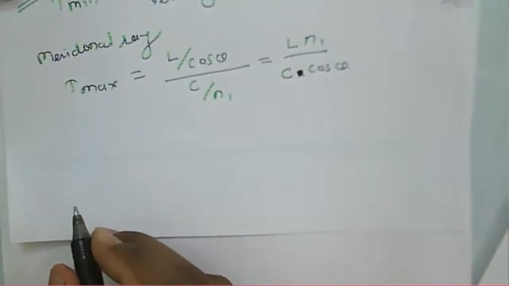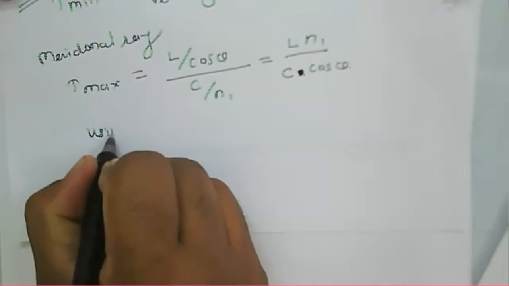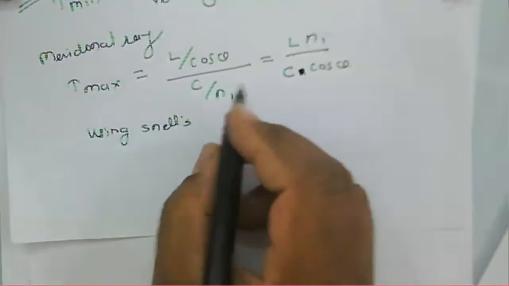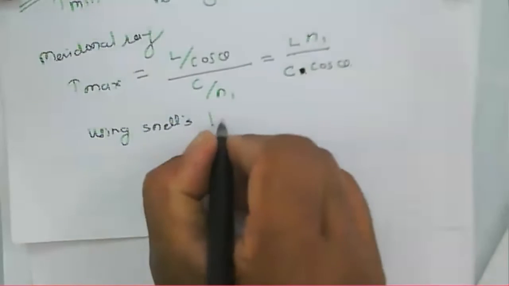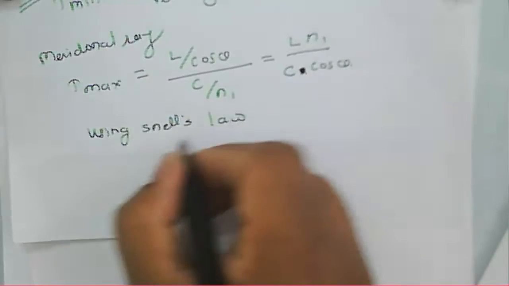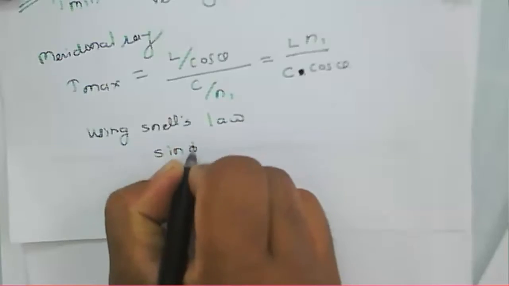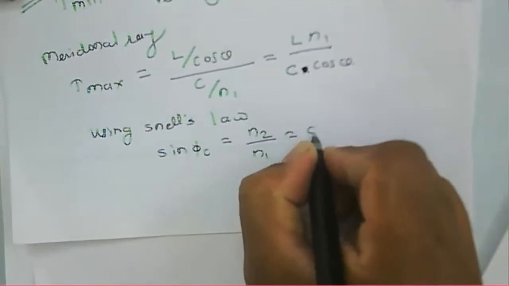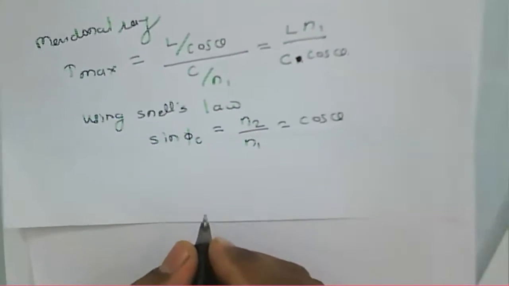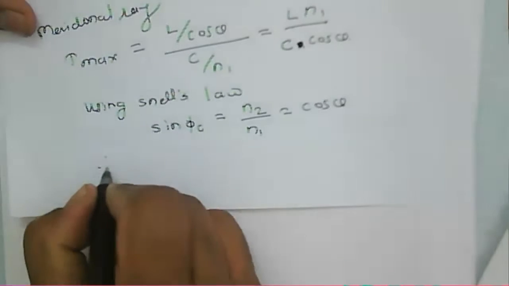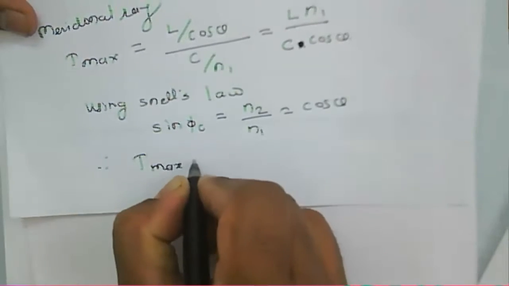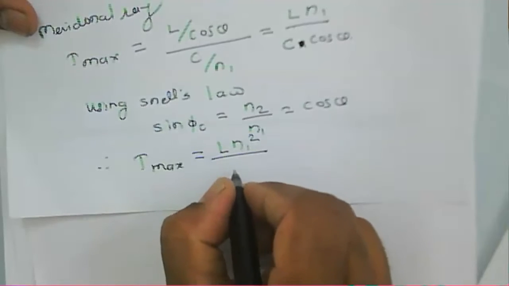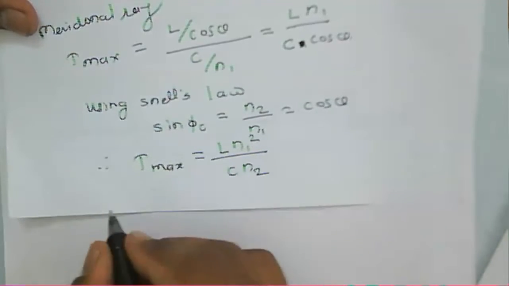Now using Snell's law, sine of phi c is equal to n2 by n1, which is equal to cos of theta. Then we can write the maximum delay time T max is equal to L n1 square by C n2.